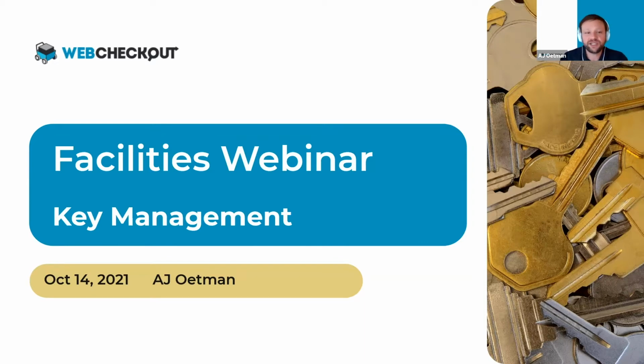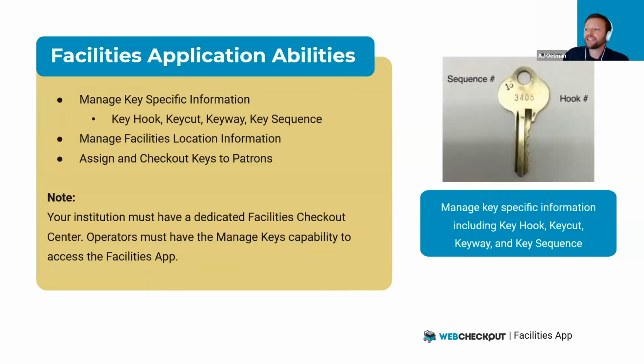So as Sean mentioned, the Facilities app manages physical keys that open doors and equipment locks that, of course, those keys can open. With the Facilities app, you can manage key-specific information, such as key hook, key cut, key way, key sequence, and location information.